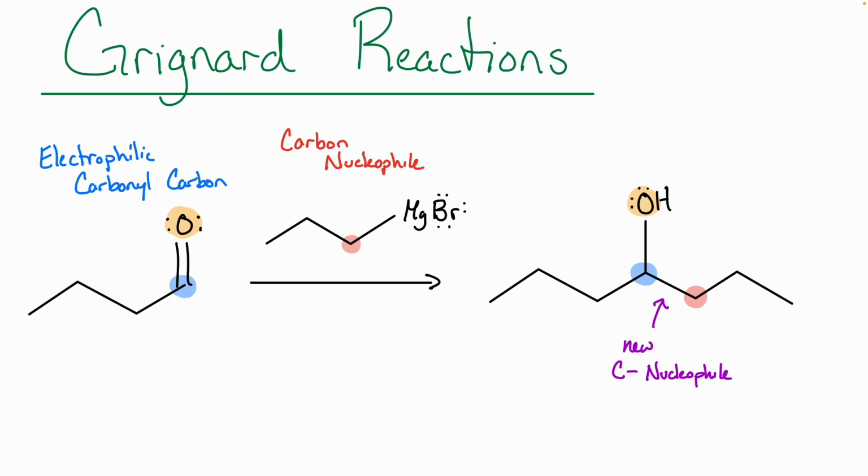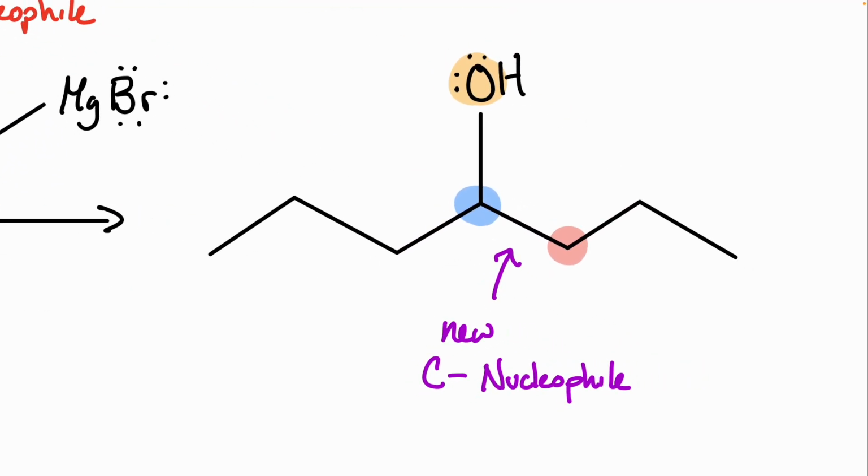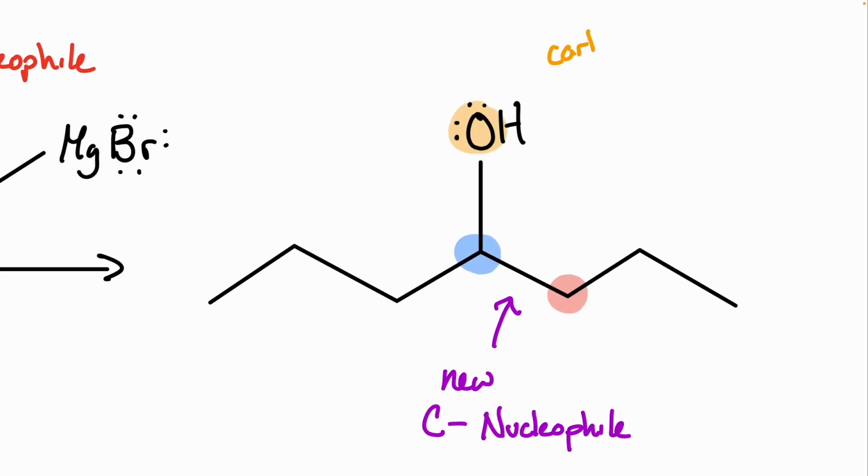And this is what we're going to see over and over and over again for this particular chapter. We have this new carbon-nucleophile bond, and our carbonyl oxygen becomes an alcohol oxygen, or a hydroxyl oxygen.